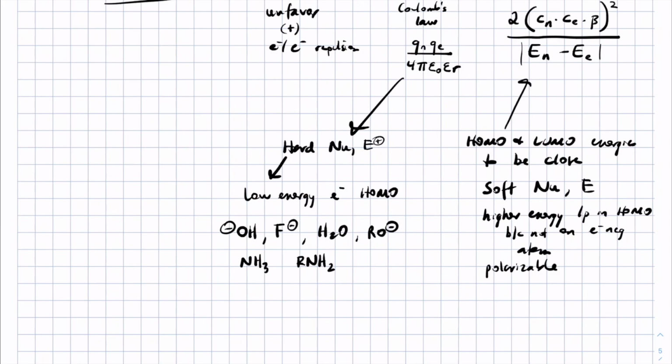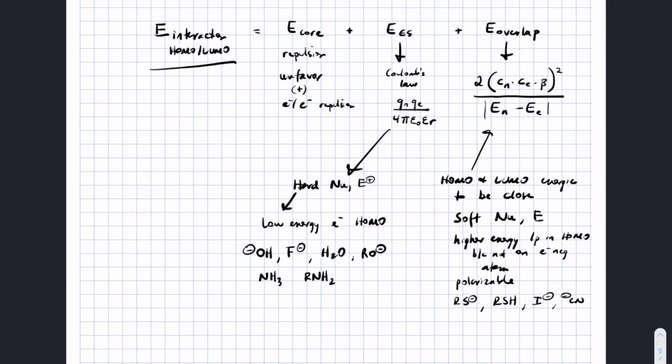So in terms of the nucleophiles, you can think of thiols and thiolates, iodide, and some others that we can talk about another time. We'll come back to this, and you can refer to this table or list of soft nucleophiles versus hard nucleophiles. But remember, you can either have a favorable interaction because of tight and favorable charge, or you can have a favorable interaction because the orbital energies are close together.